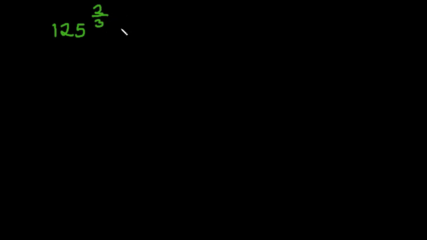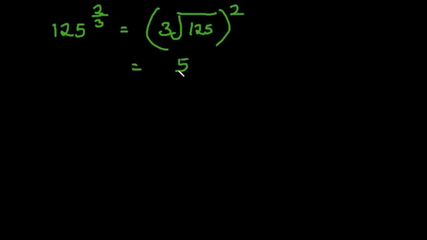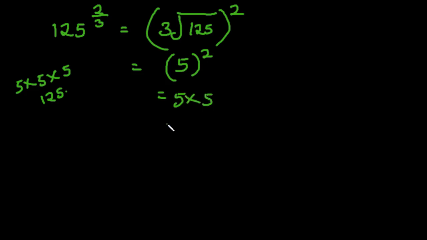So the answer to this is the cube root of 125, everything raised to power 2. Cube root of 125 is 5. What do you multiply in 3 places that will give you 125? This is it: 5 multiplied by 5 multiplied by 5. 5 multiplied by 5 is 25. 25 multiplied by 5 is 125. So it's 5, then raised to power 2. 5 to the power of 2 is 5 multiplied by 5, which equals 25. So that's the only difference.